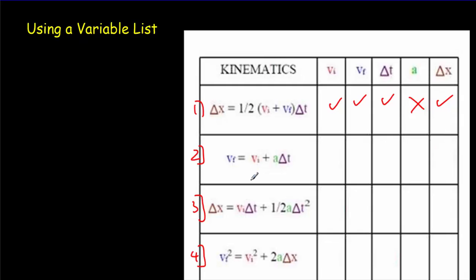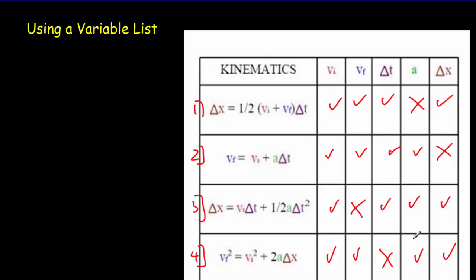And if we look at the second equation, we've got a vi, a vf, an a, and a delta t, but we don't have a delta x. Third equation, this time we do have a delta x, we do have a delta t, we do have an a, we have a vi, but we don't have a vf. And then this last equation, remember I called it the no time equation, well, of course it has no time in it. It does have vi, vf, a, and displacement.